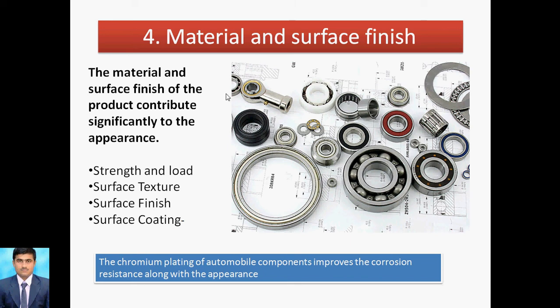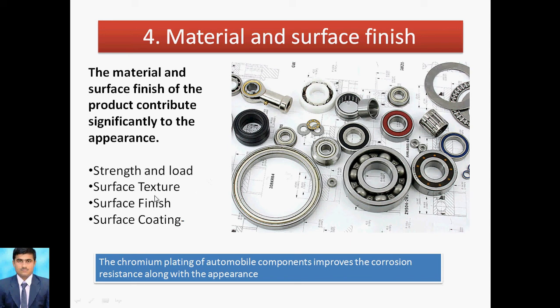Let us take the first example, that is strength and load. Where a bearing material is required, which needs strength and loading capacity, you can directly use stainless steel. It can provide strength and load capacity as well as static plating also.